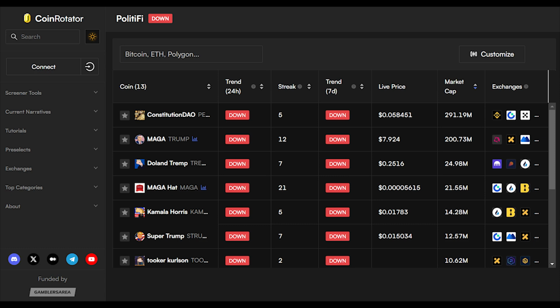And so anytime there's news about the polling or popularity, or if they say something controversial, there are meme coins with their names, kind of making fun of them a bit, that move in response to that. For example, did you see the Politify category on CoinRotator?